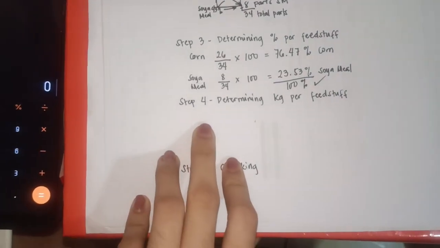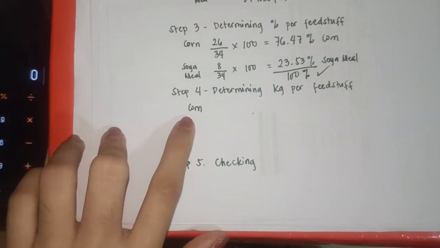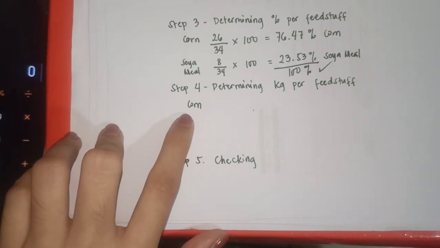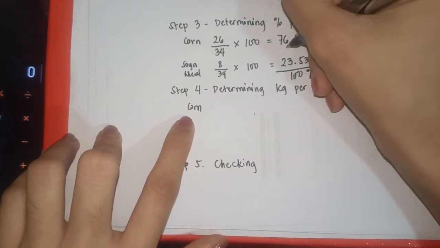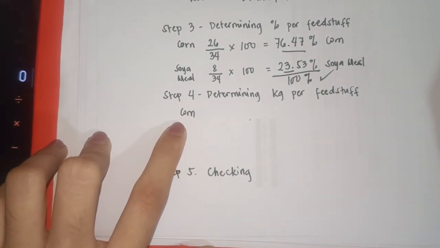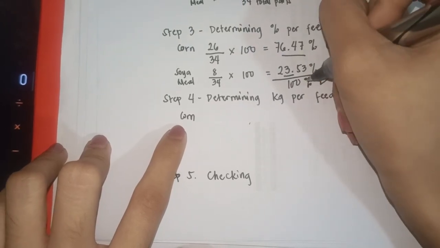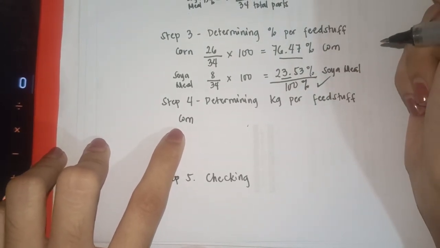Step 4 is determining the kilogram per feedstuff. So for corn, all we have to do here is to convert these numbers into decimals. So this is in percentage form, and then we have to convert it into decimal, right?